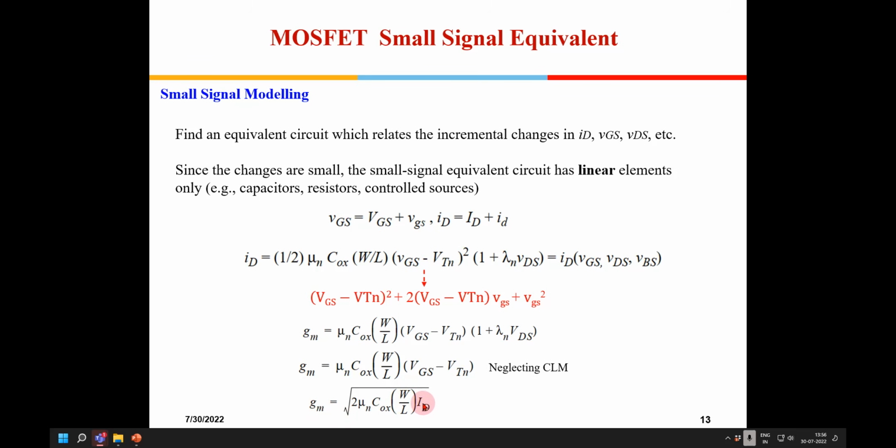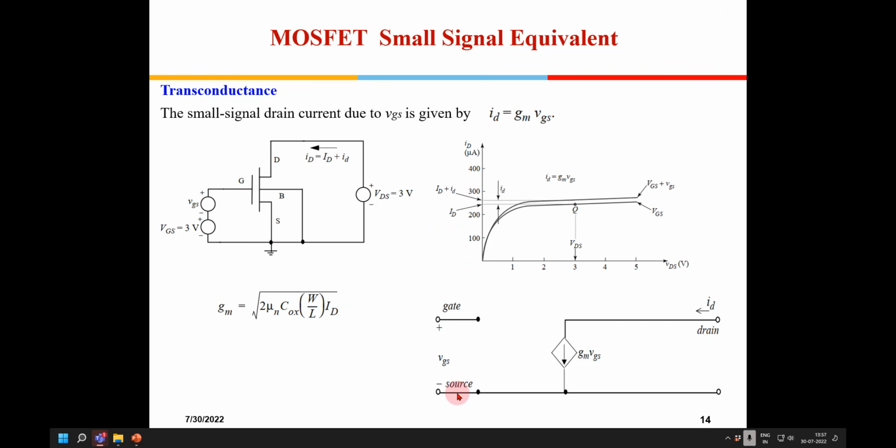Now, what happens if I increase ID? That particular ID which is flowing here dissipates power, right? That is the actual power which we are taking from the power source, and it will continuously be generated as heat in this analog circuit.